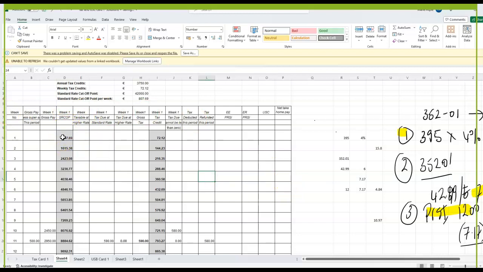Not necessarily, no. Go again. So a couple of scenarios. If it's your second employment, your first employment is automatically assigned cumulative with full credits. But if it's your second employment, Revenue tend to put you on a week 1 basis.